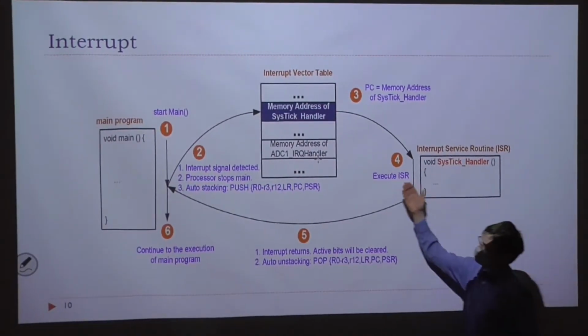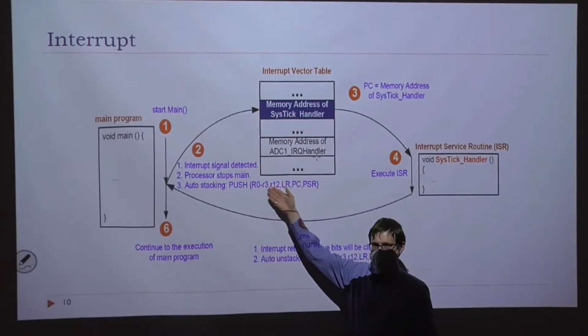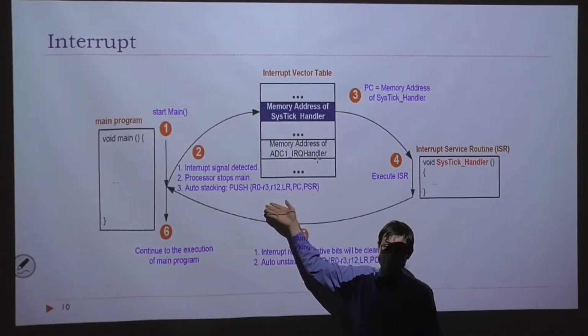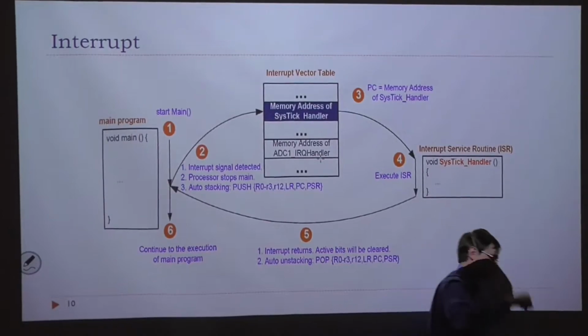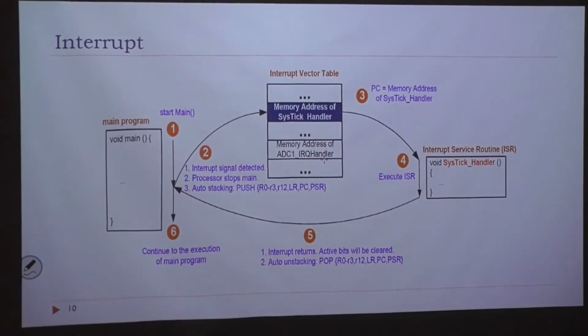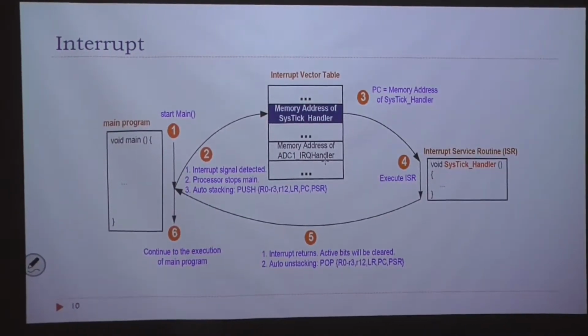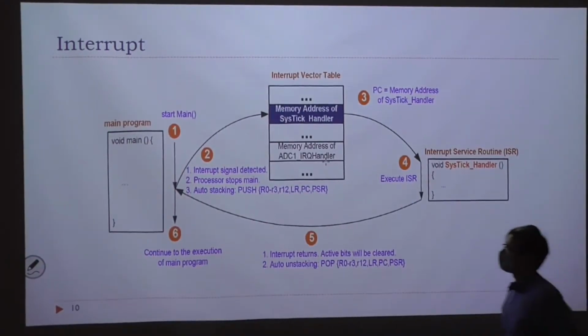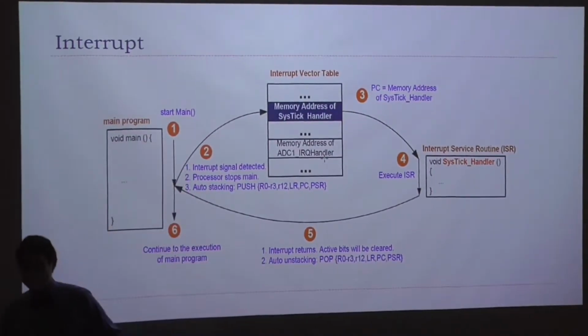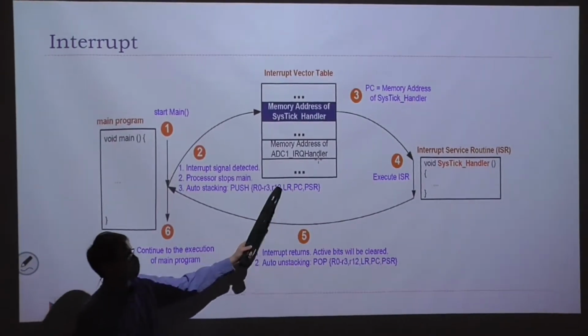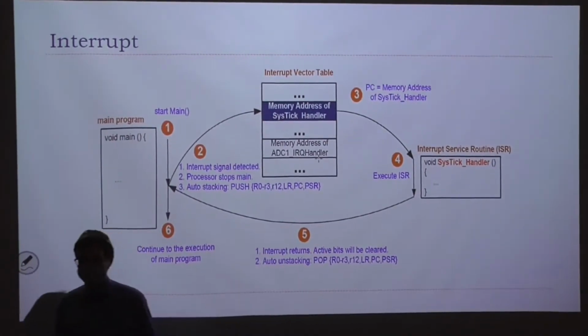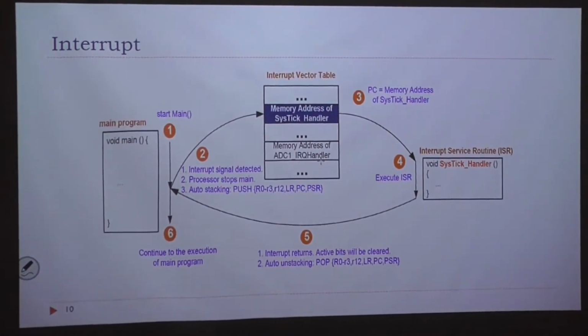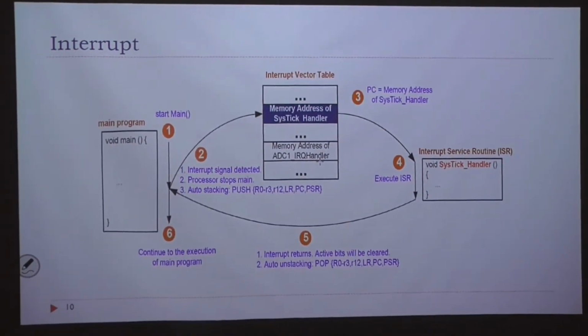So functionally, this is what needs to be saved in order to be able to return to main in the same state that we left it. Of course, the most important, possibly, of those is the program counter, because if you don't know where you exited, you don't know where to get back to.